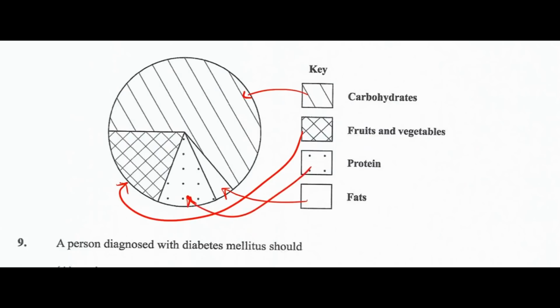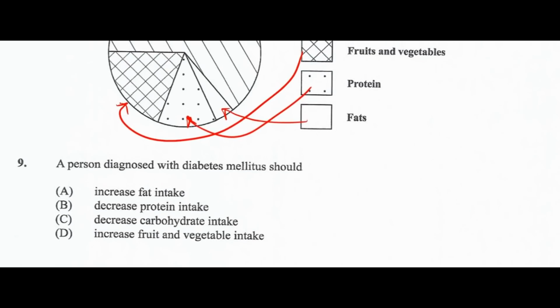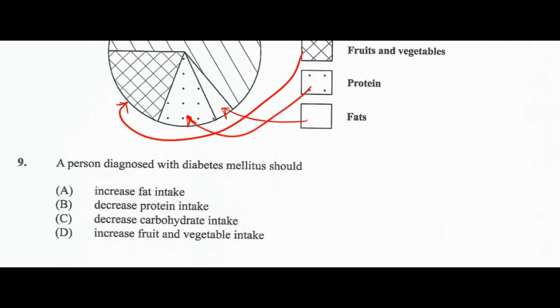Now, a person diagnosed with diabetes or diabetes mellitus should increase fat intake, reduce protein intake, decrease carbohydrate intake, or increase fruit and vegetable intake.